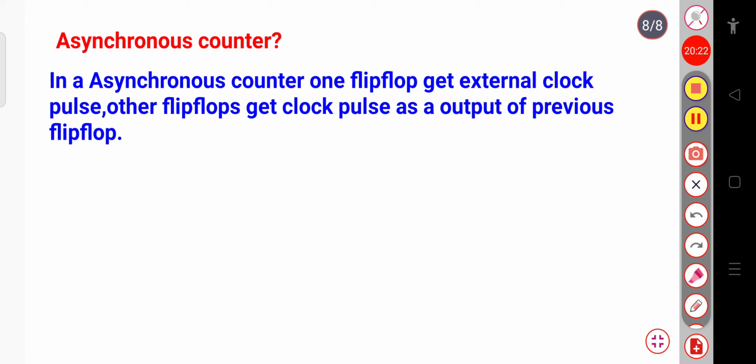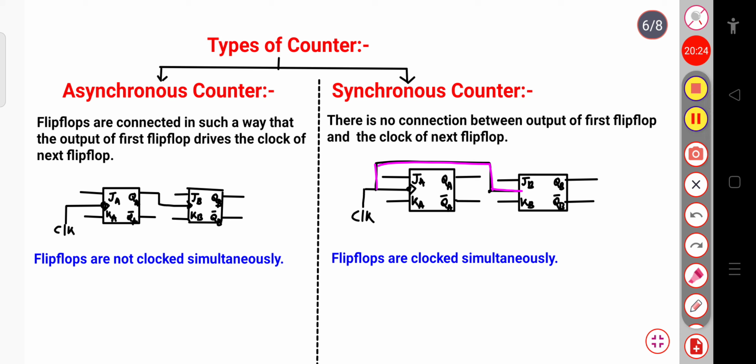Here you can see that we have discussed that in the case of an asynchronous counter, the output of the first flip-flop is given to the second one, and the clock is given to the first flip-flop only. And this is not synchronized. That is, flip-flops are not clocked simultaneously, in the case of the asynchronous counter we are discussing.